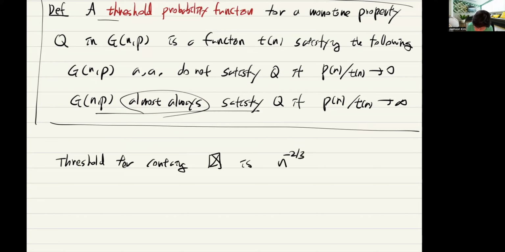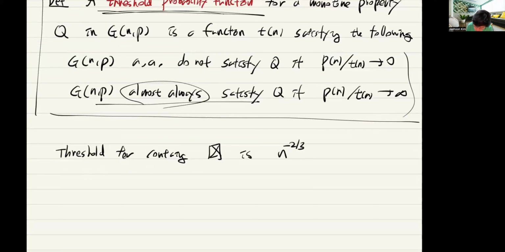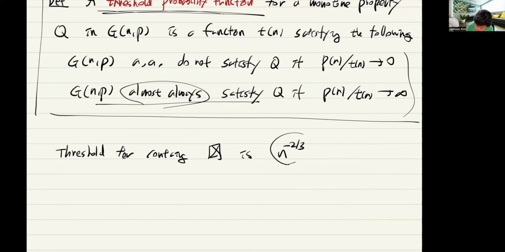So one thing is that this threshold, from this definition, is not unique. This is a threshold, this is also a threshold, this is also a threshold, so you can write any one of them. And that's what we learned.